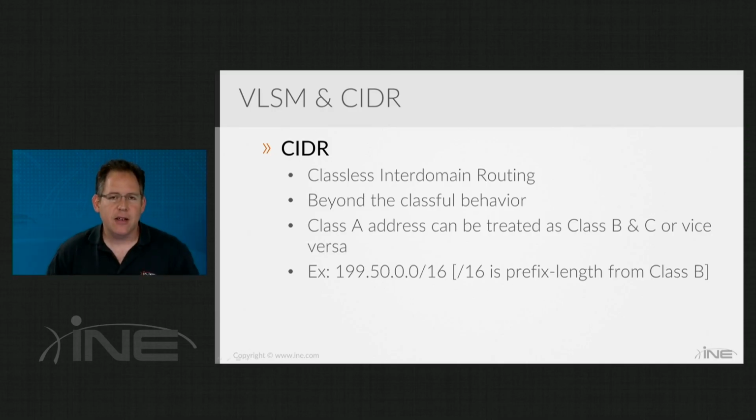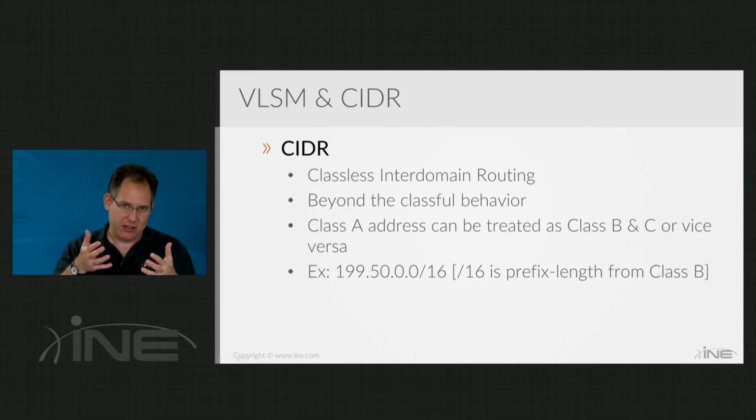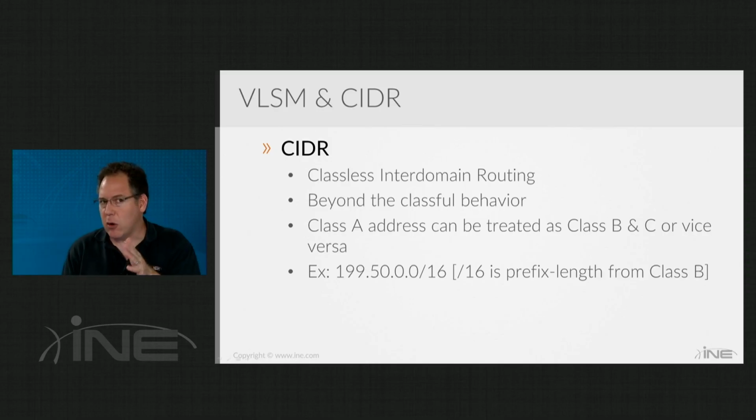Well, if you had TCP/IP software running on your laptop or your PC that followed the classful rules, it might still let you do subnetting, right? If I start with a class B address, instead of a /16, which is the classful mask, it might allow me to put in a subnet mask of /17, /18, /30, whatever, as long as I didn't go less than /16.